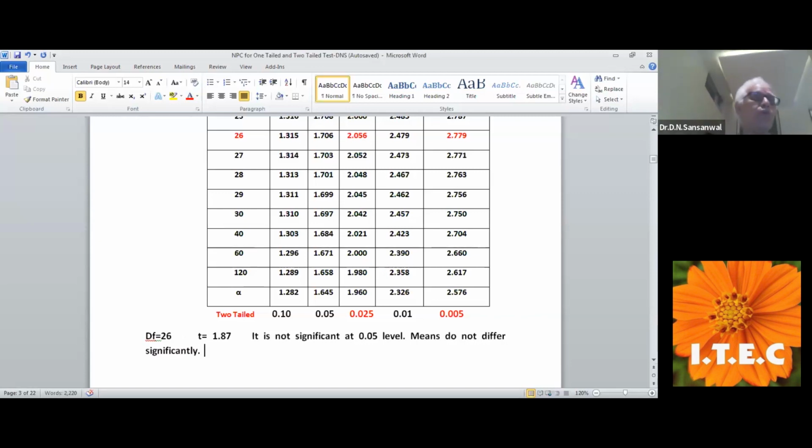And if the means do not differ significantly, then is the null hypothesis rejected or is it not rejected? Gaurav, it is not rejected.